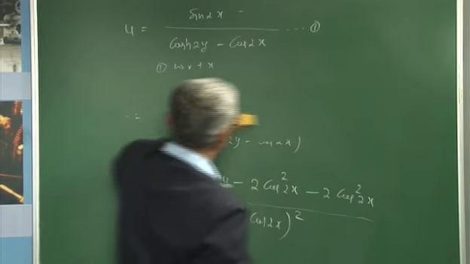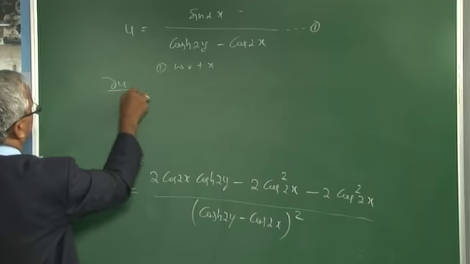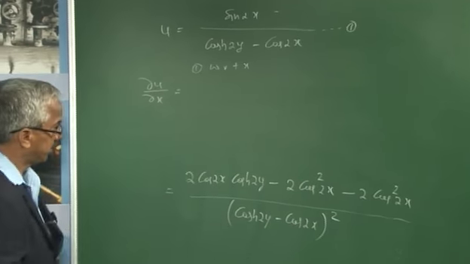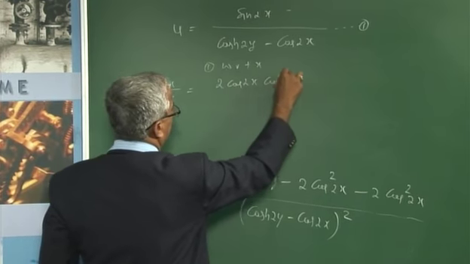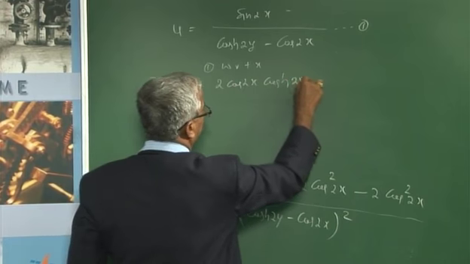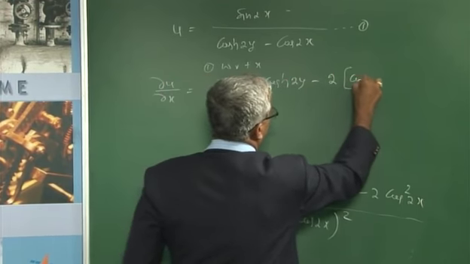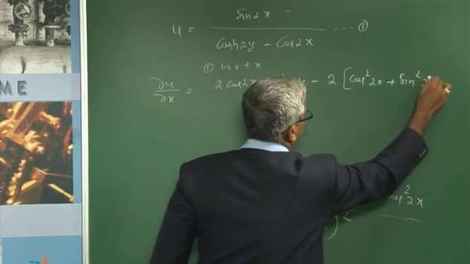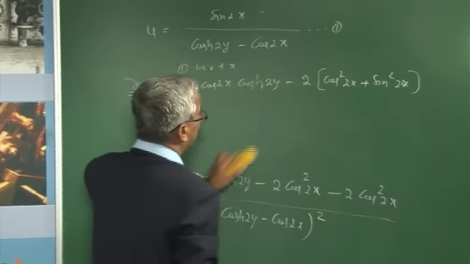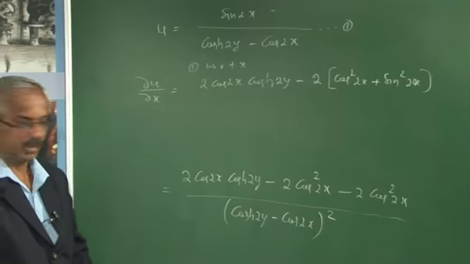So, dou u by dou x gives 2 cos 2x cosh 2y minus 2 times (cos squared 2x plus sin squared 2x), which is 1, so I neglect that term. Cos squared 2x plus sin squared 2x is always 1.